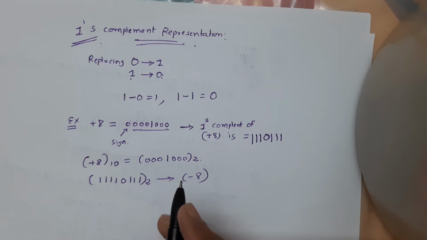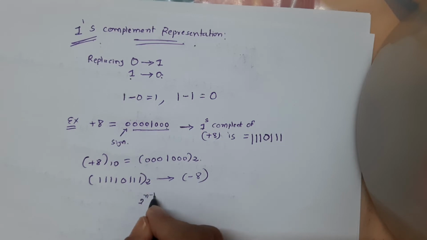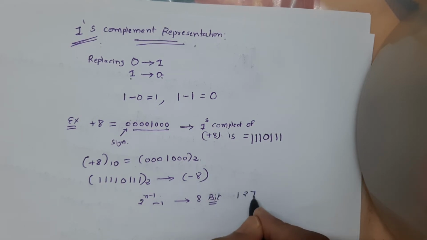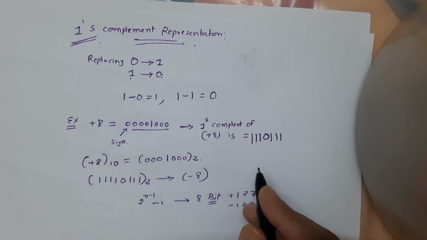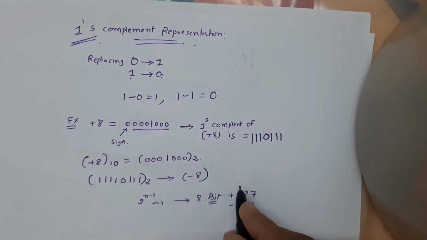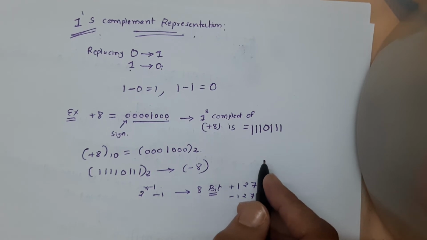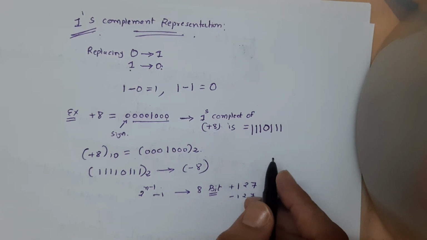Again here the maximum is 2 raised to n minus 1 minus 1, but here it is 8 bit, so the maximum number range is plus 127 to minus 127.